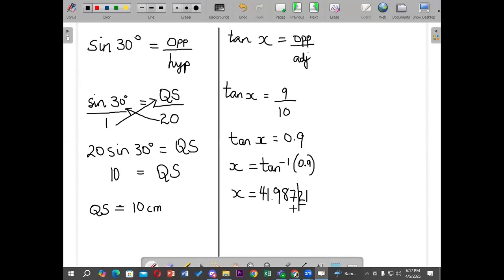So if we want to get it to the nearest degree now, basically what they're asking us to do is round off to whole numbers, all right? So 41.987, what would we round that off to the nearest degree to be? What would we get?